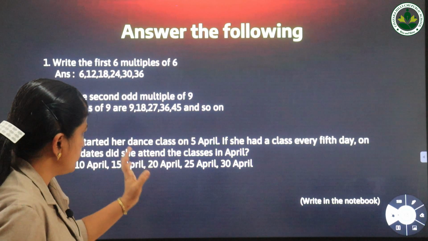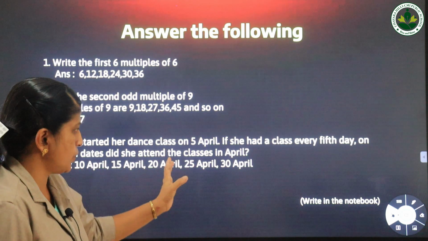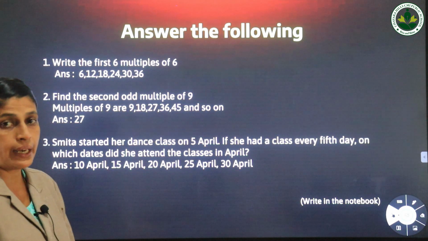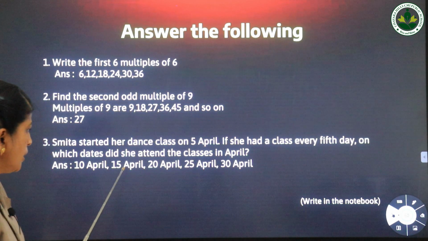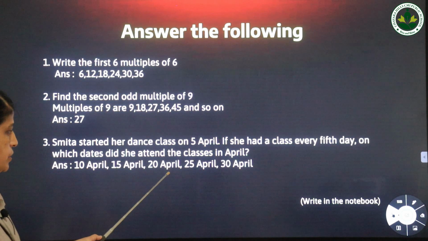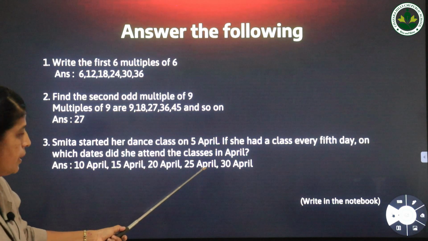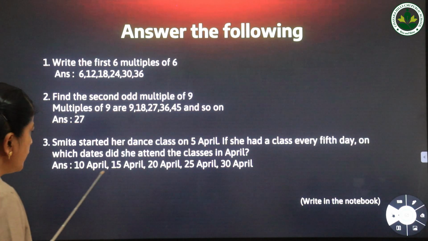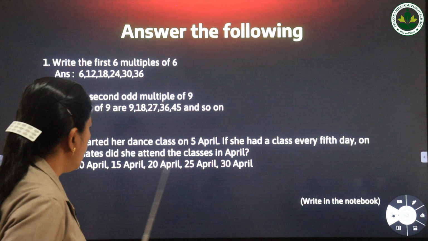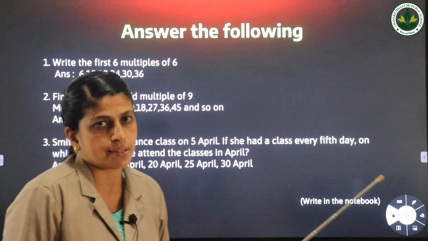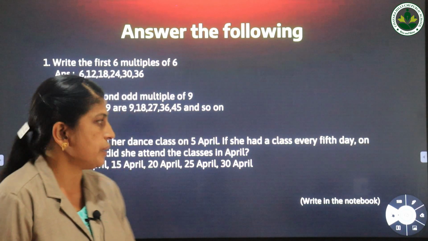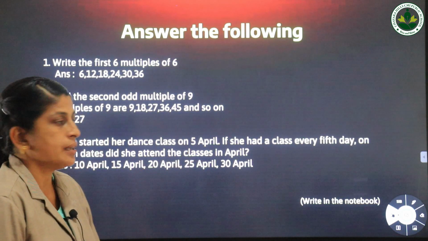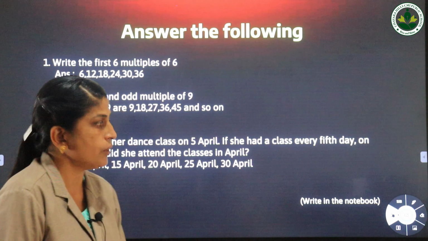So the next class will be on 10th April, the third class on 15th April, the fourth on 20th April, the fifth on 25th April, and the sixth on 30th April. To find that, find the multiples of 5, because on every fifth day she has classes. That means multiples of 5 will be the answer.